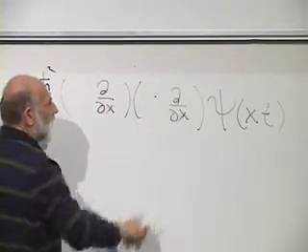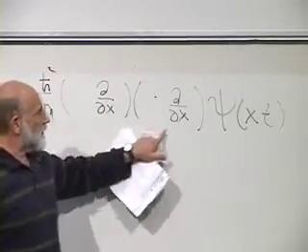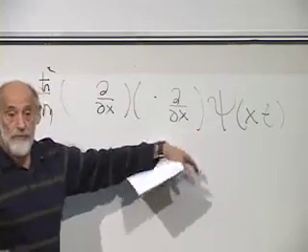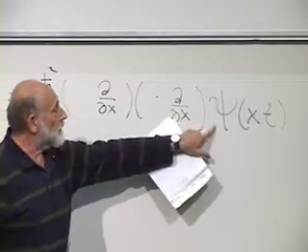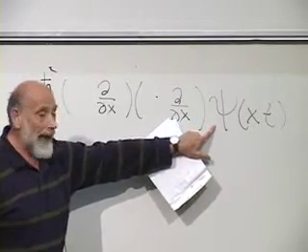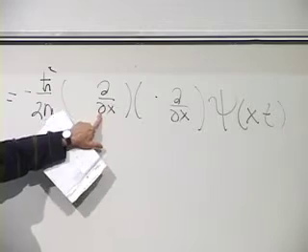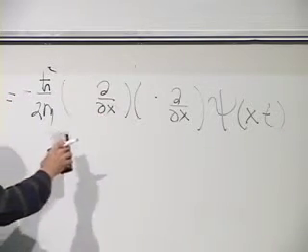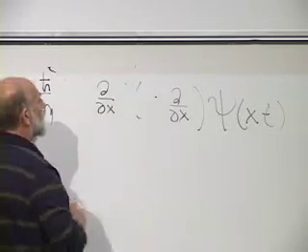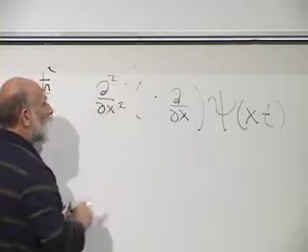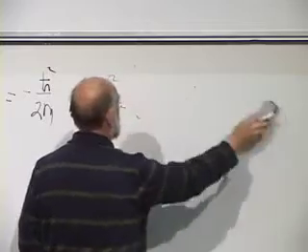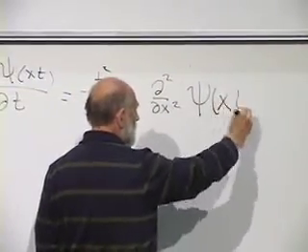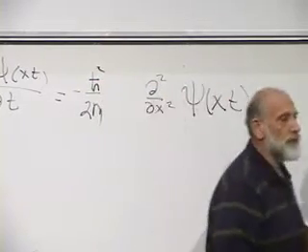Now we have d by dx multiplying d by dx times psi. d by dx times psi just means nothing but the derivative of psi with respect to x. Differentiating it again just gives us the second derivative. So this whole thing becomes nothing but the second derivative with respect to x of psi of x. And that's our Schrodinger equation. That's the Schrodinger equation for a free particle.